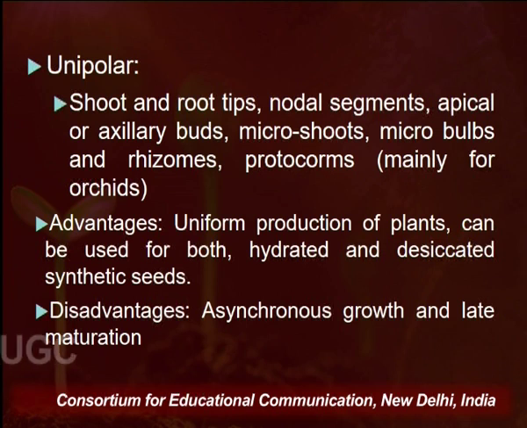The major disadvantages are asynchronous growth and late maturation, because these shoot tips or root tips would be multicellular explant material and therefore there will be asynchronous growth. So, these were certain advantages and disadvantages of the unipolar explant material.